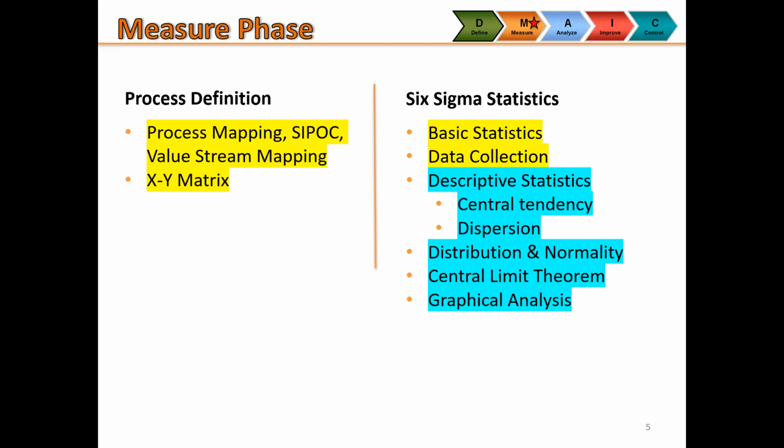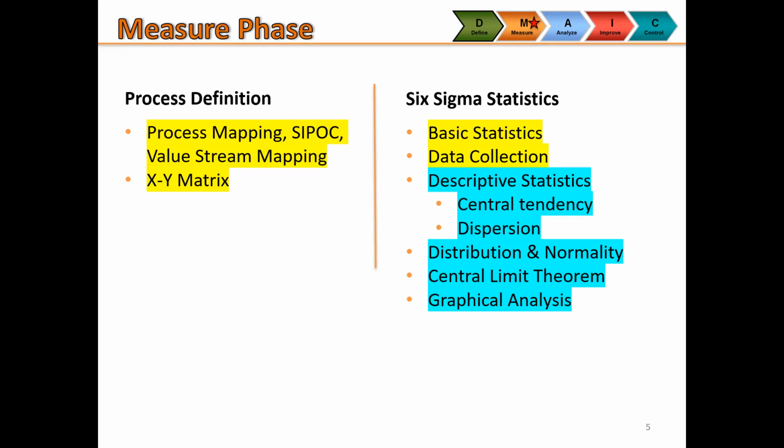Then we're going to get into the XY matrix, which is logical. It's kind of a mix between affinity diagrams and the thema. So it's like a group exercise. You're ranking something, and it's basically about cause and effects, X and Y. And then we'll touch on some basic statistics. We'll add to what we know already about basic statistics, and then get into data collection.